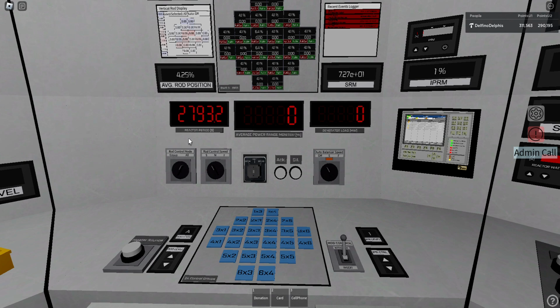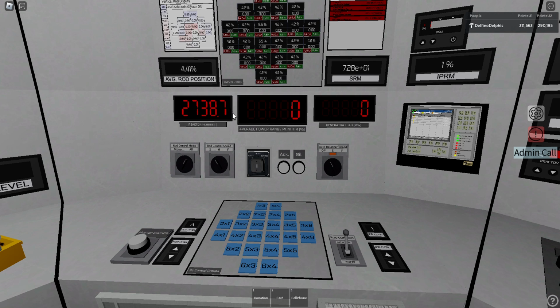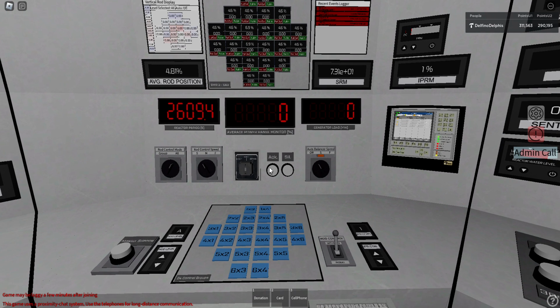So if you are at 10% of power and you have this reactor period at 30 seconds, you are just a minute from full power or a disaster in a moment. But we are at very low powers now, so it doesn't really matter that much. But anyway, you should never go with this below 30 seconds.